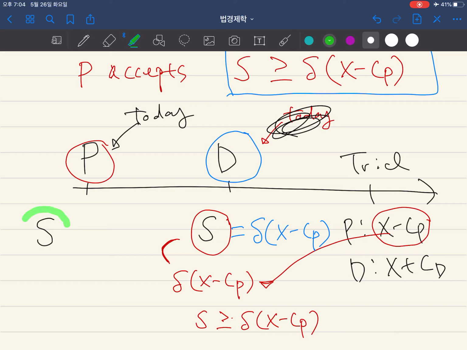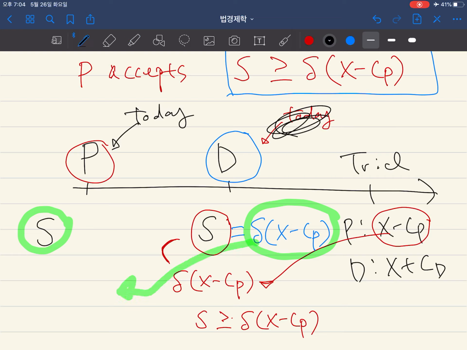Then defendant is going to compare S and this amount. So defendant is comparing giving S dollars today or giving delta times X minus CP tomorrow. Again, defendant cannot compare directly, so they calculate present value by multiplying by delta. So now we have delta to the power 2.